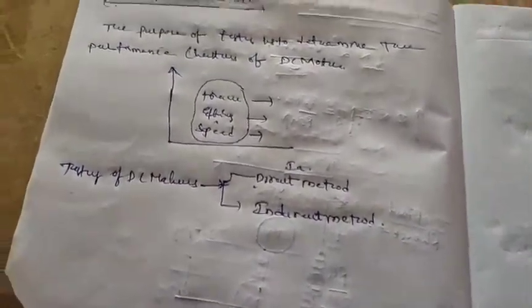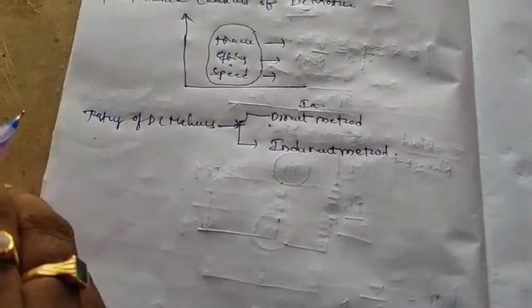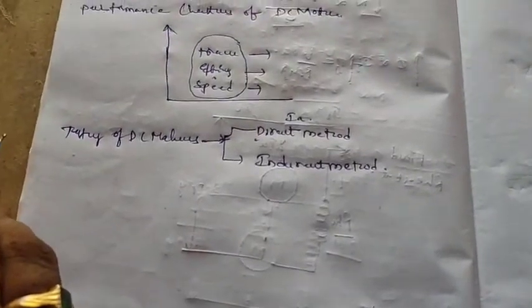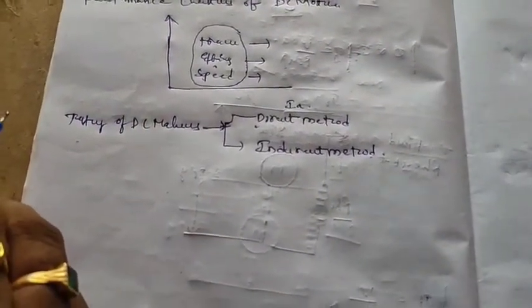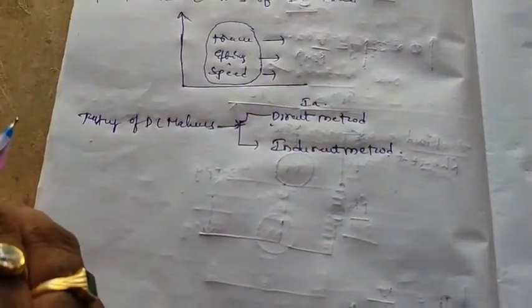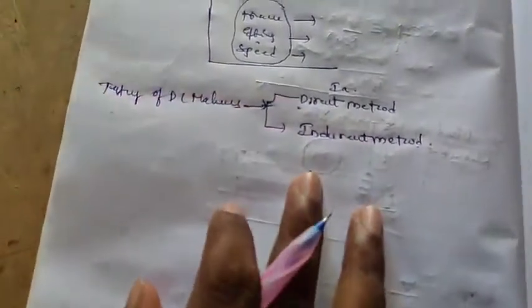In the direct method, we can apply load. In the case of a motor, we can use a belt and pulley arrangement and test the machine by adding the load, that means tightening the belt. What is the value of current? What is the value of voltage? And what is the speed? Those parameters can be tested by putting a direct load.